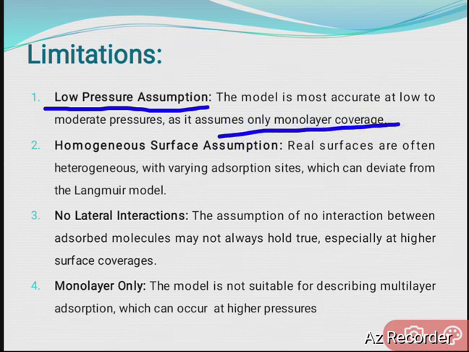At low pressure the fraction of molecules accumulated on the adsorbent increases linearly with pressure, but at a higher pressure it reaches a maximum value and after that remains constant. So this is one of the limitations. This applies only at low or moderate pressures.